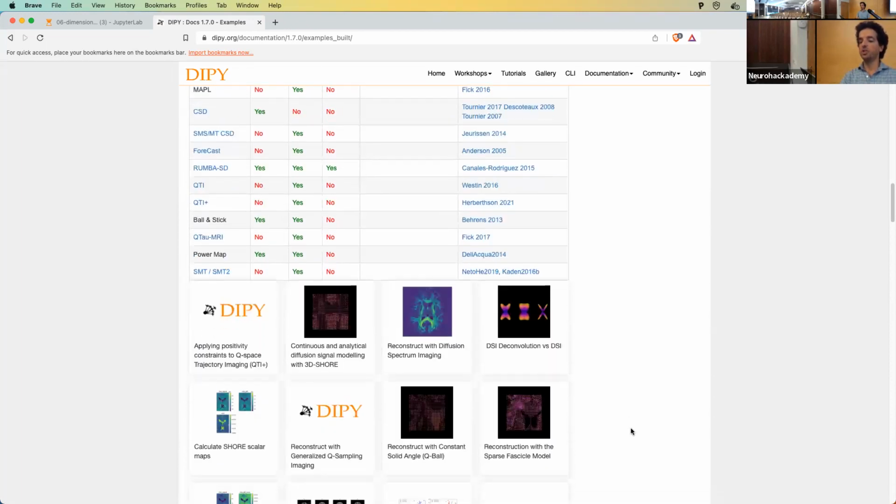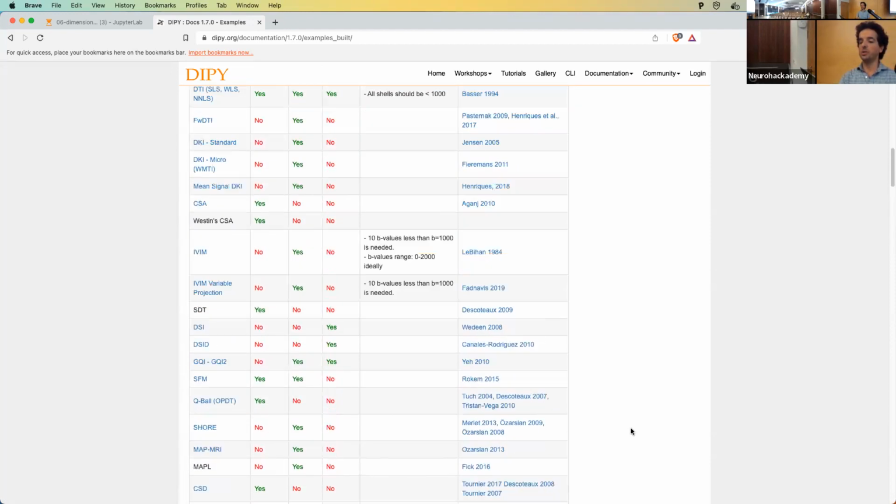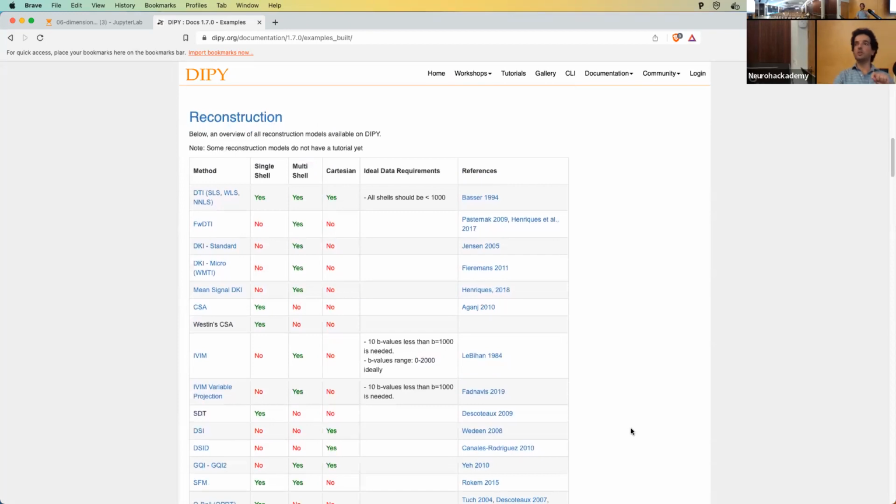Reconstruction covers algorithms, and there is a lot of them, for reconstructing the diffusion profile from the signal. These are the algorithms at the core of diffusion MRI, because we have the signal in each voxel measured in multiple different directions, and you might want to ask different questions about that signal and reconstruct something about the underlying white matter tissue.